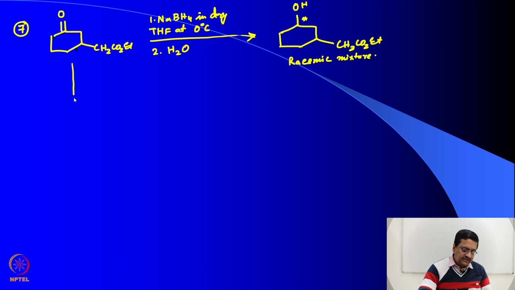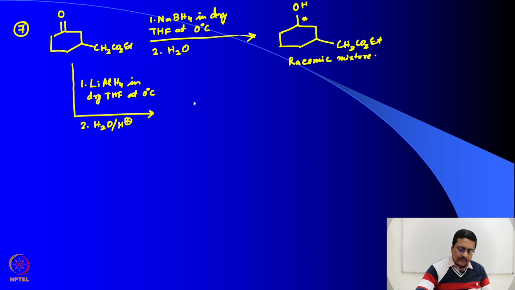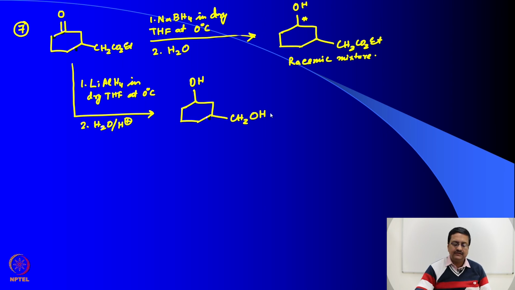But on the other hand, if you treat this compound with lithium aluminum hydride in dry THF at 0 degree centigrade and then later treat this with water in the presence of H plus, we will get OH here because the ketone will be reduced to alcohol and also the ester will be reduced to alcohol as well.